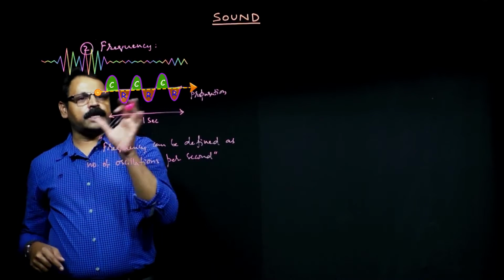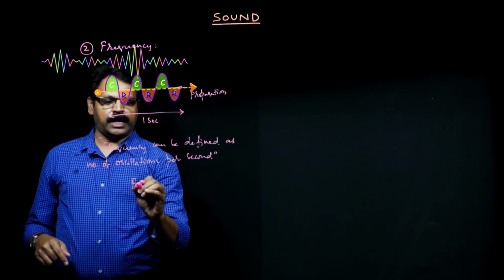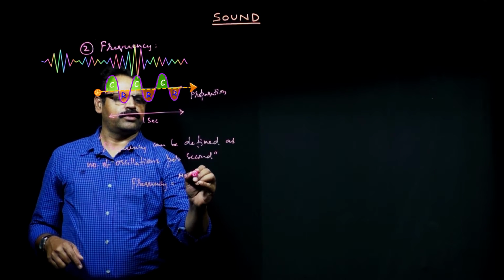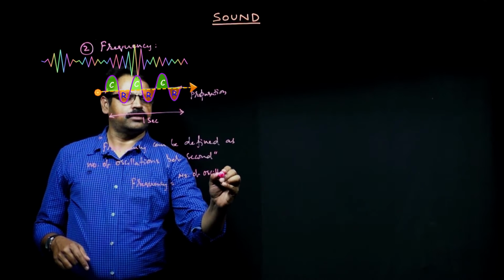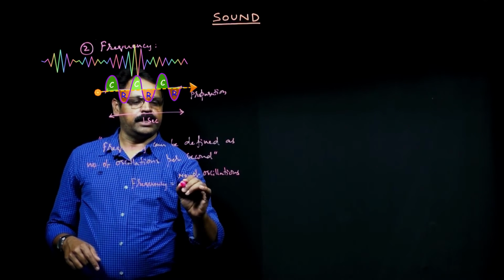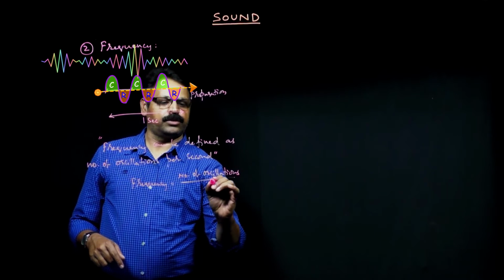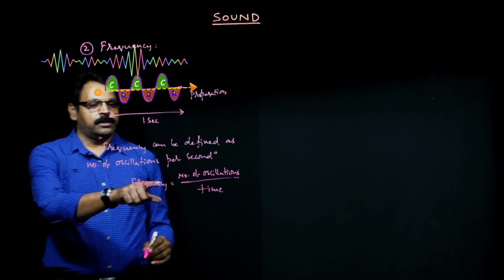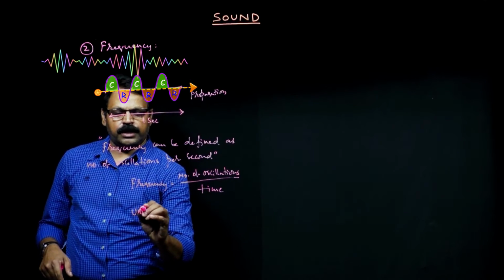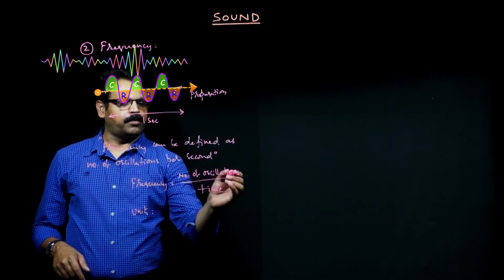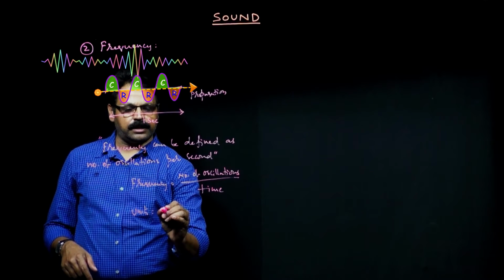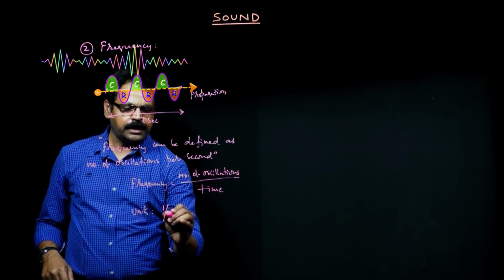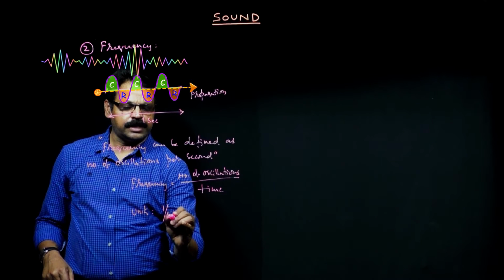Here in this example, mathematically I can write frequency as number of oscillations divided by the total time taken for these oscillations. So the units for frequency are coming out to be number of oscillations per second. Number of oscillations has no unit because it is a number, divided by time, that is second.